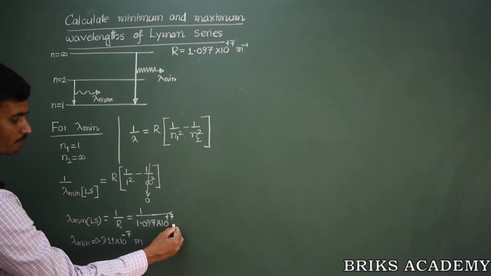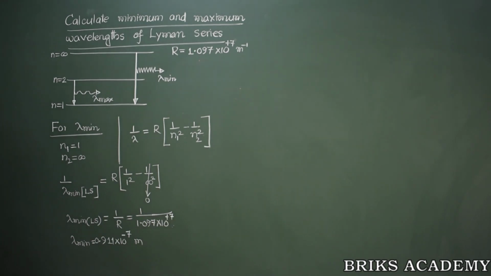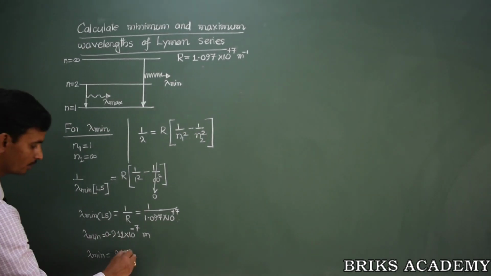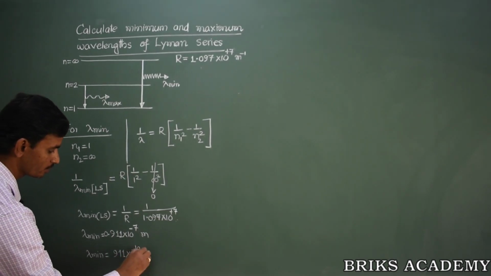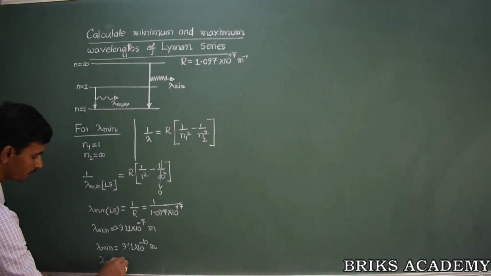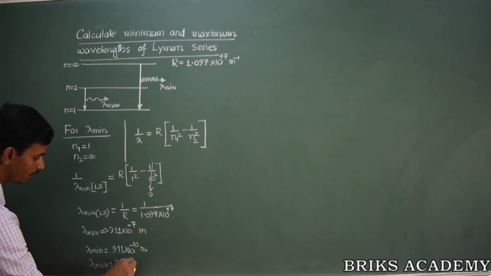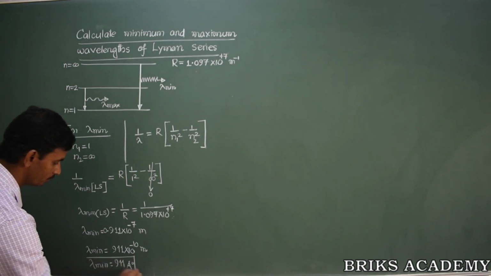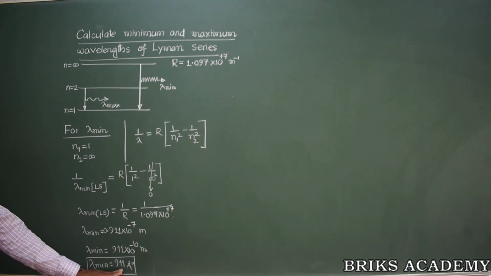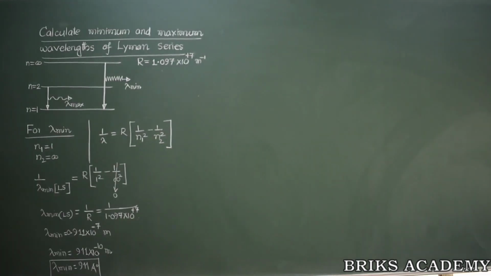The denominator had per meter, it goes to the numerator, and becomes meters. 0.911 approximately, which in terms of angstroms becomes 911. Moving the point 3 places, it becomes 911 into 10 to the power of minus 10 meters, which is nothing but an angstrom. Therefore, lambda minimum is equal to 911 angstrom approximately, without using a calculator. Maybe in the third decimal there could be a small change, you can just check that.